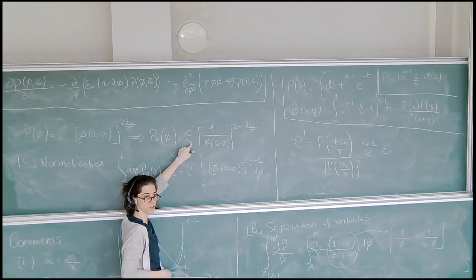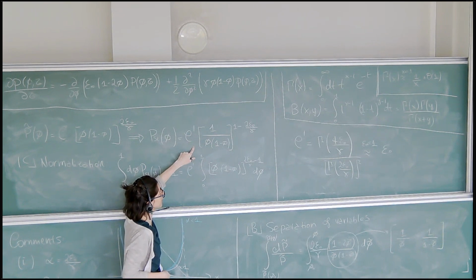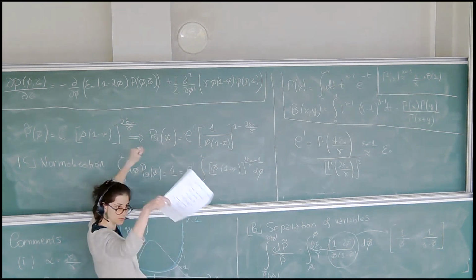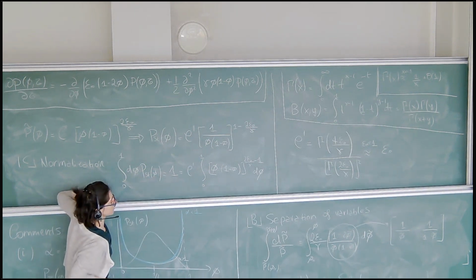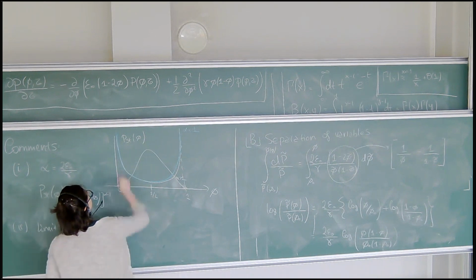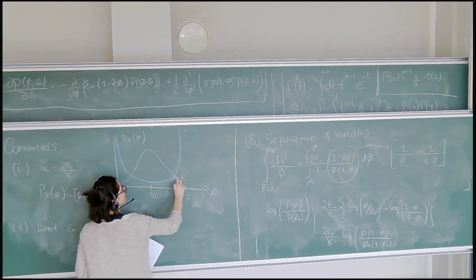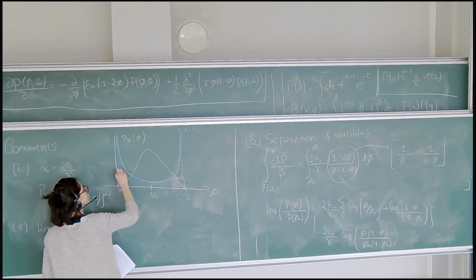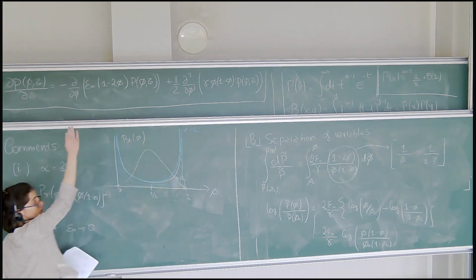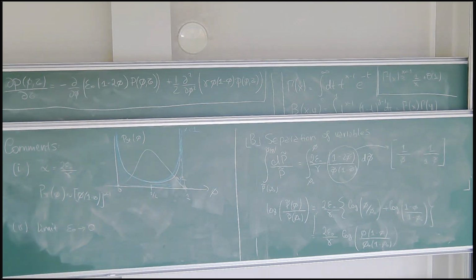And so your distribution is going exactly to 0 in this limit, except at the points where phi is equal to 0 and phi is equal to 1, where you have a pole. And so your distribution is exploding. So if you make epsilon 0 smaller and smaller, you start having distributions which become more and more flat towards 0, but which explode at 0 or 1.